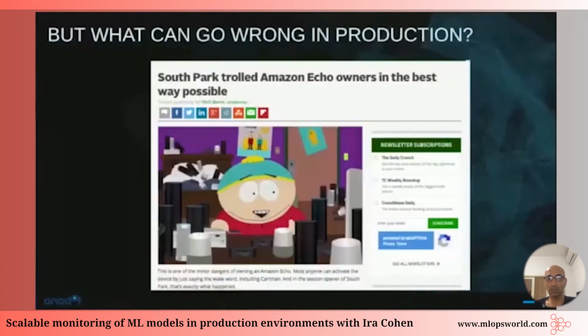So what can go wrong in production? I posted a video just before the talk. Anybody who wants can go look while I'm speaking at this funny video about how South Park trolled Amazon Echo in one of their episodes a few years ago. Basically, Cartman kept calling his Alexa, and anybody who had Alexa in the room with a TV would also react to it and perform the actions Cartman meant.